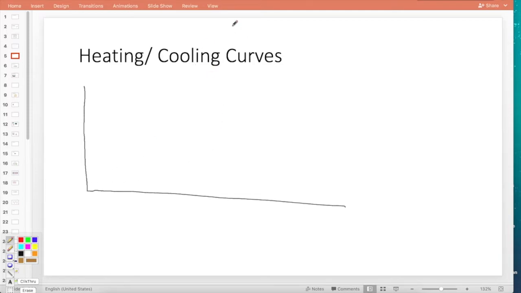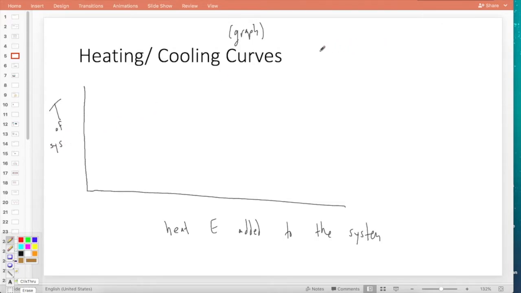So we could replace that word curve with the word graph if you would rather. On the x-axis of these graphs, we have heat energy added to the system. And on the y-axis, we're going to have the temperature of the system.